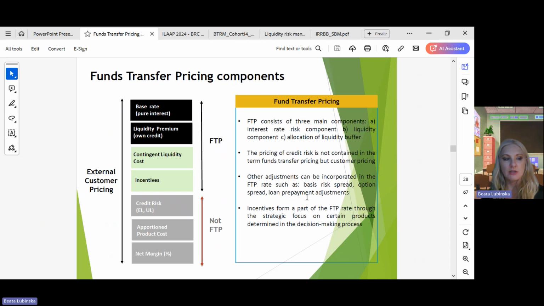The second component is put in place to transfer the liquidity risk of the bank, of the institution. It represents the own credit riskiness of the bank itself. I will explain why. Imagine your funding is composed of bonds issued in the capital market or bond market.